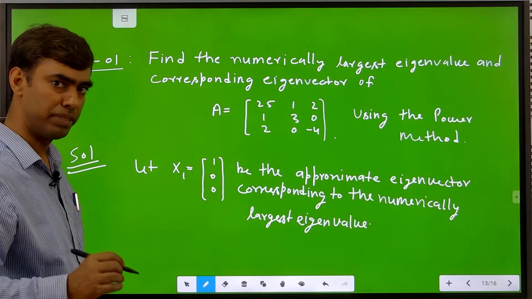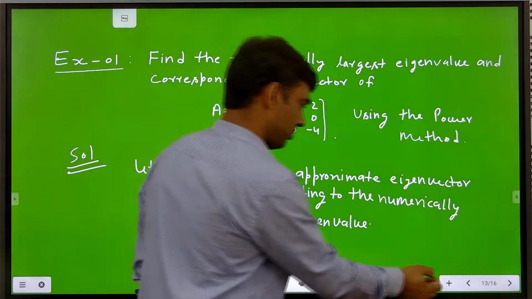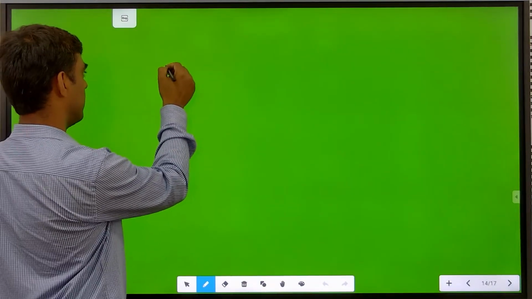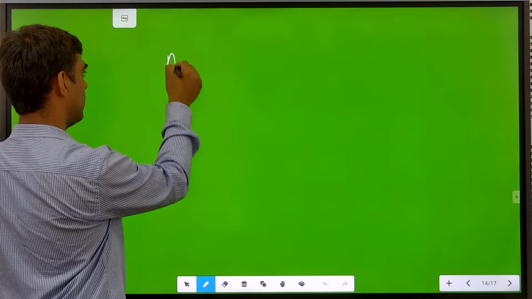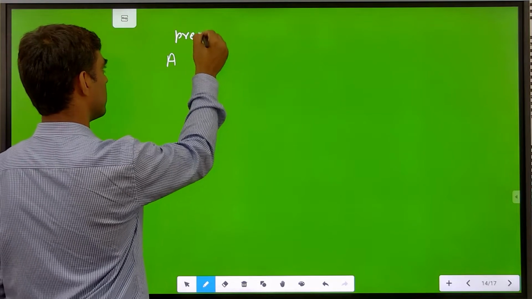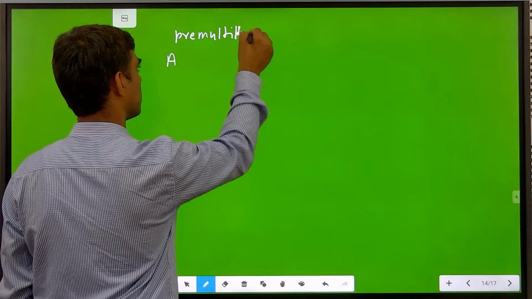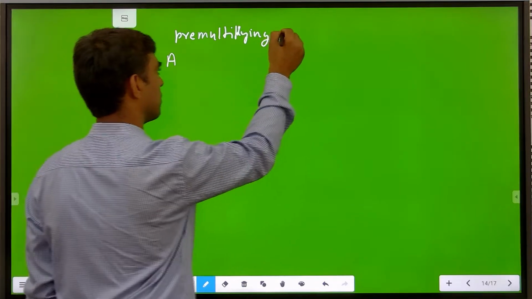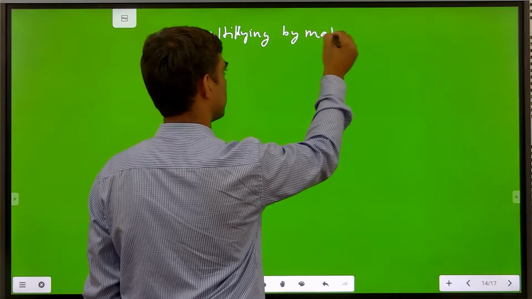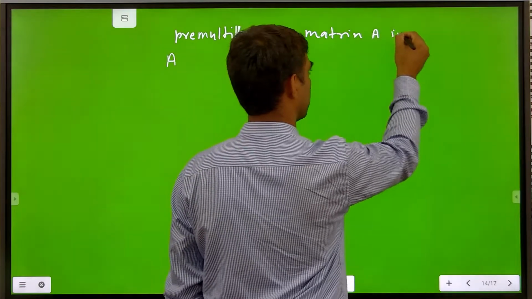Now, we pre-multiply by the matrix A. So, what will happen here? Ax1 equals A pre-multiplied in x1.